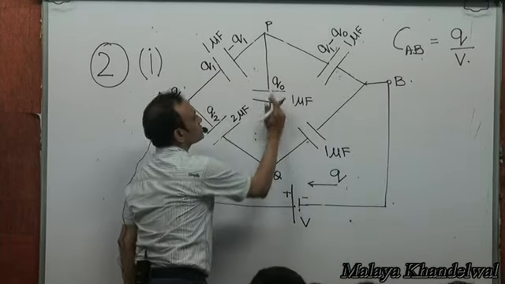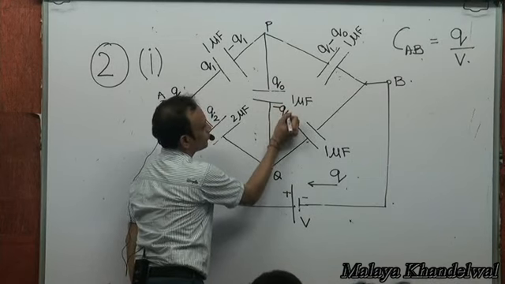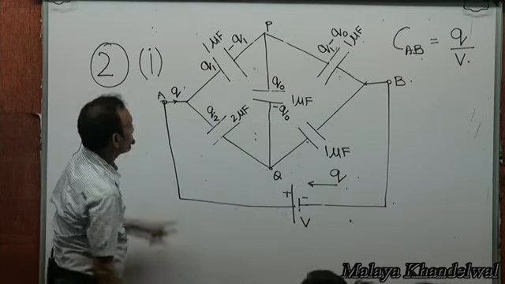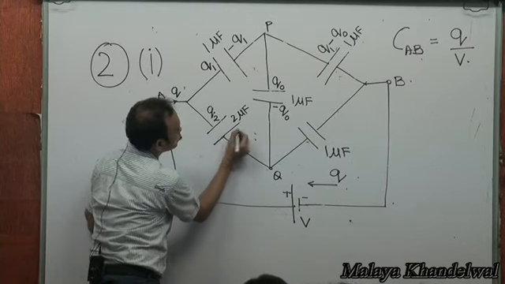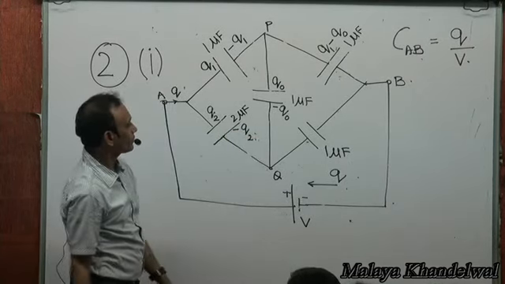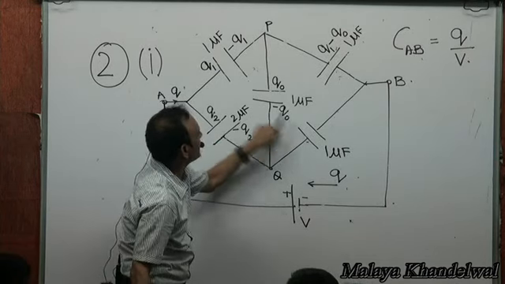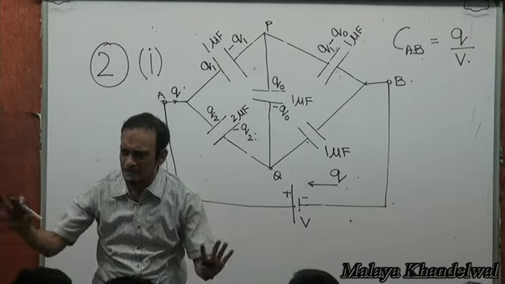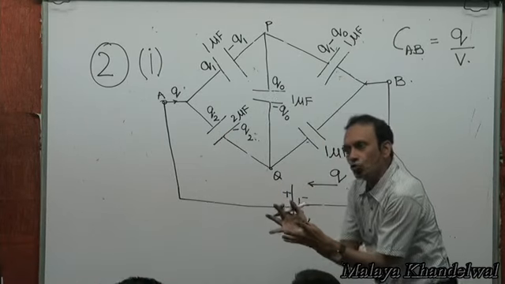Now, if this is Q0, how much is this going to be? Minus Q0. Right? Now, if this is Q2, how much is this going to be? Minus Q2. Now, these 3 plates are electrically isolated from the rest of the world, so together they would have no net charge.